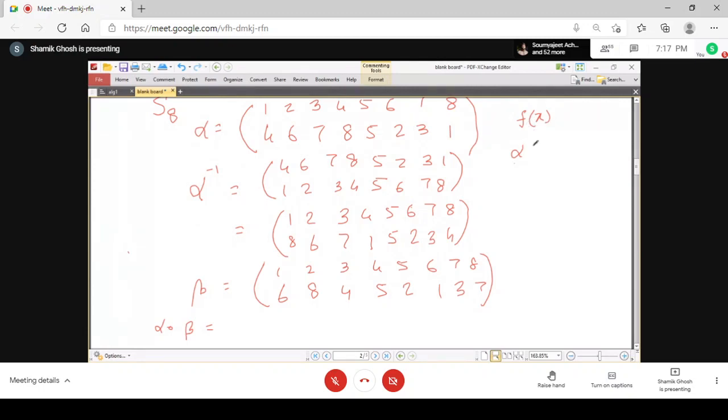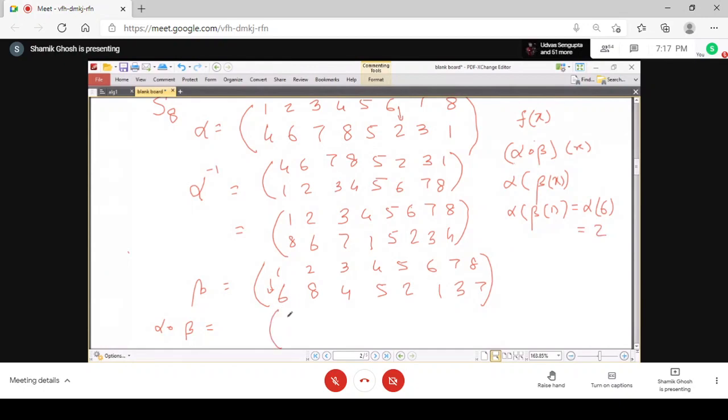So here, alpha composition beta of x is actually alpha of beta of x. If we want to know alpha of beta of 1, we see that under beta 1 goes to 6. So this is alpha of 6. Now under alpha 6 goes to 2, so it becomes equal to 2.